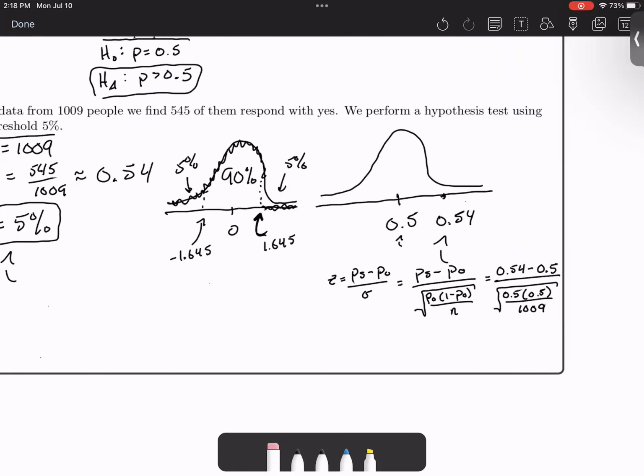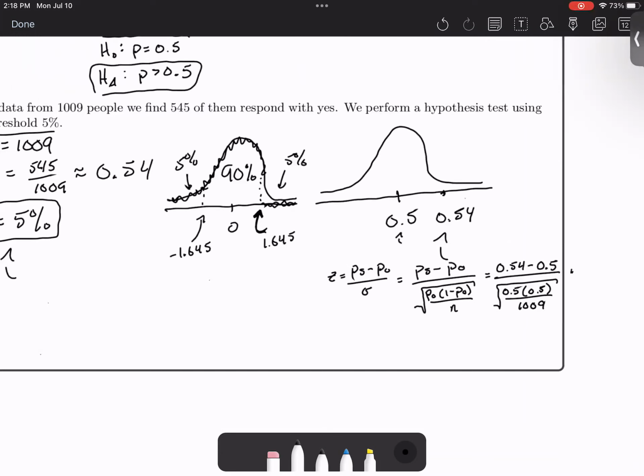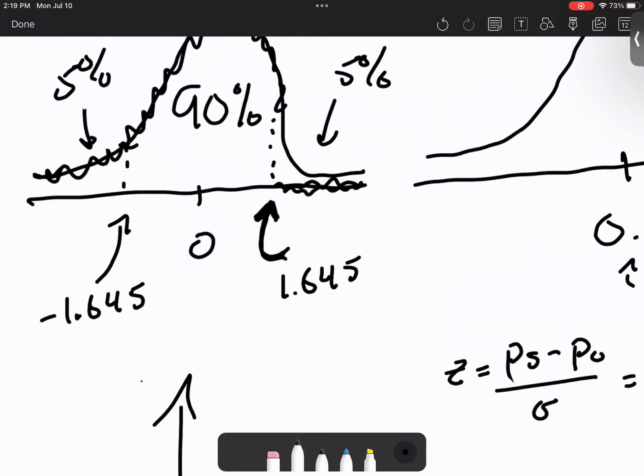All right. When you go through the algebra, you should get a z-score of about 2.55. So where is 2.55 on our z-score distribution? It's somewhere to the right of 1.645. Right, maybe it's right there.